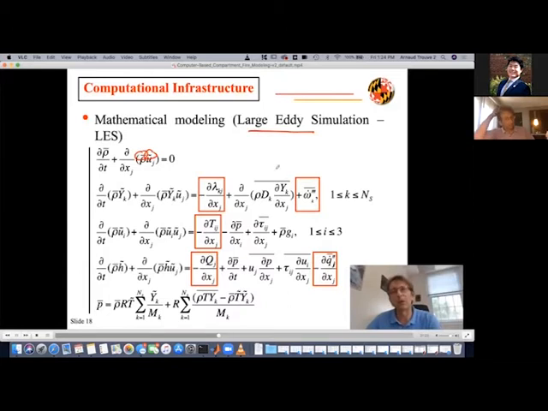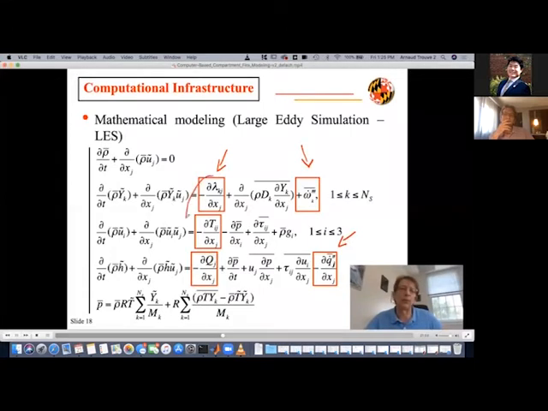The bar and tilde symbols here correspond to this filtering process. What this filtering process means is that only the large scale quantities that are resolved by a coarser grid are going to be explicitly handled and treated by the governing equations. The small scales are going to be unresolved and are going to be described by models. So the terms shown framed in red correspond to the terms that represent the effect of small scales.